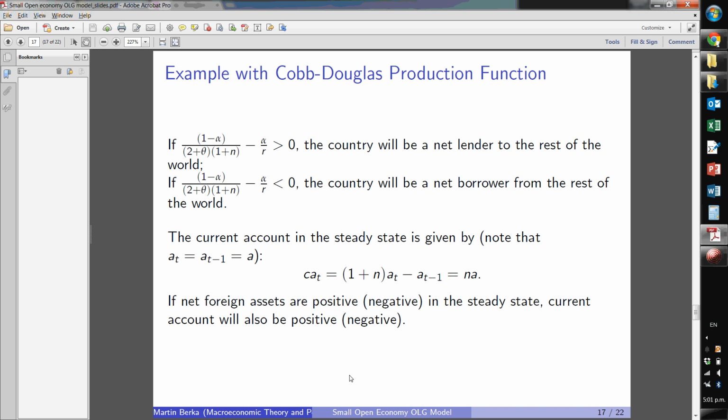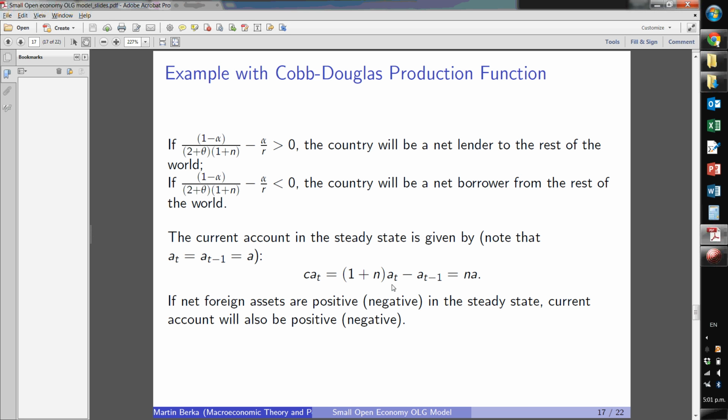The current account in the steady state is then just going to be equal to the following expression, where I assume that A_t, since we are talking about steady state, is a constant. So in a steady state, the current account is just equal to a fraction n, which is the growth rate of population, times the net foreign assets.